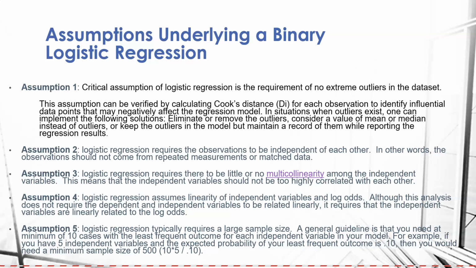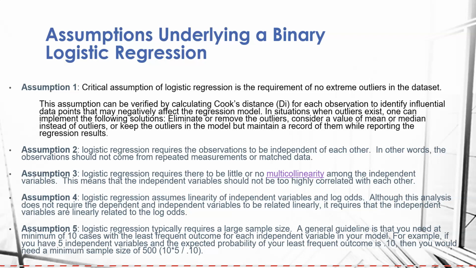We have 5 assumptions that we need to test before conducting a logistic regression. Number 1, outliers. Number 2, observations to be independent of each other. Number 3, multicollinearity. Number 4, linearity of independent variables and log odds.